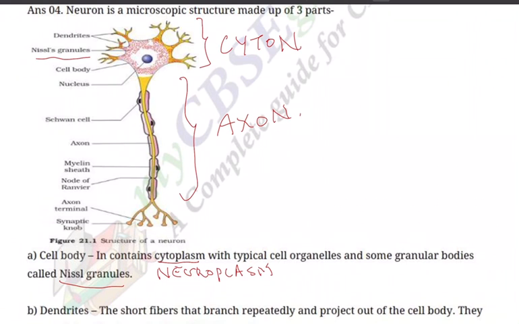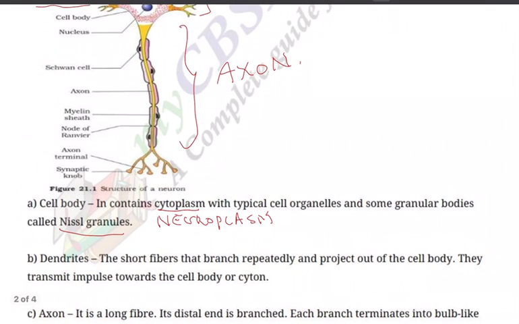Then there are branches around this cyton. Those branches are called dendrites. You can also observe the longest dendrite makes an axon. Look at this, this is a dendrite, this is a dendrite, and this is an elongated one. So what is axon? An elongated dendrite is an axon, right?